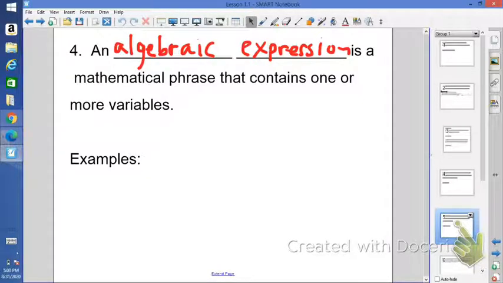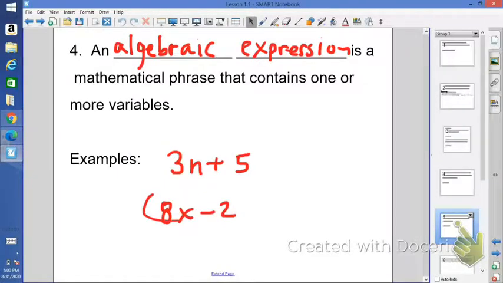So 3n plus 5, or 8x minus 2 plus 5n. As you can see, it's an expression, but we have variables written within it.